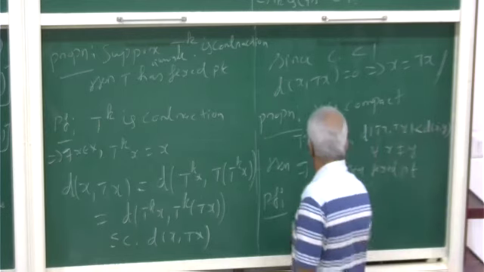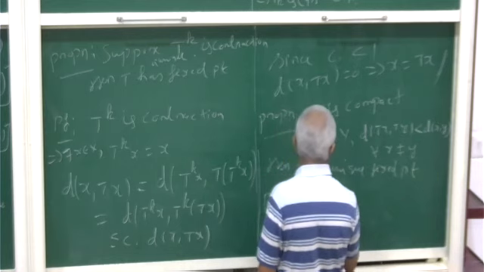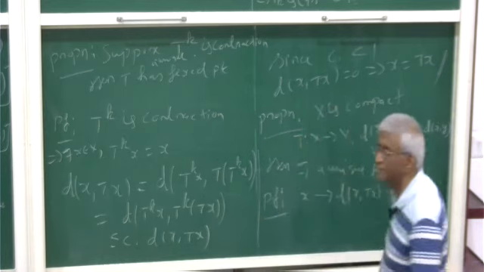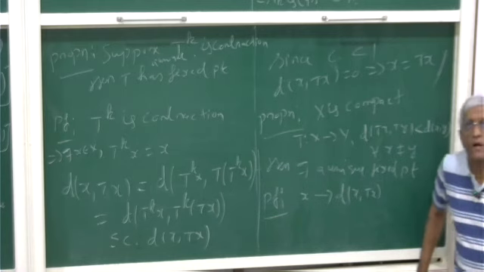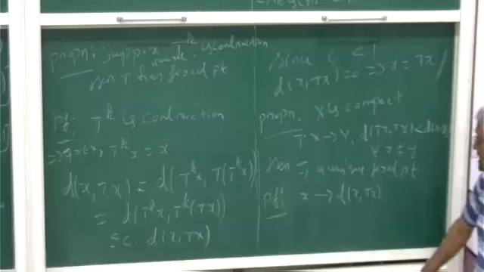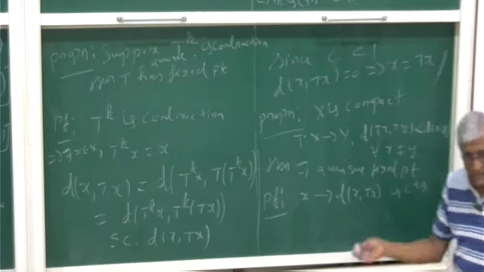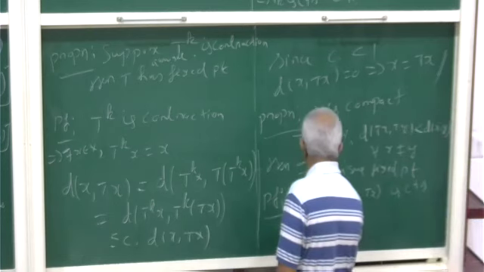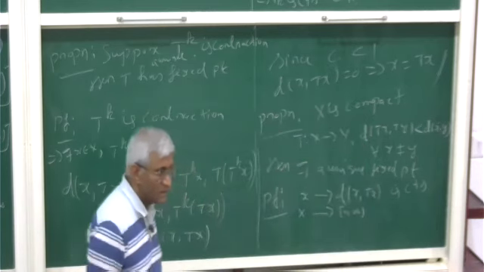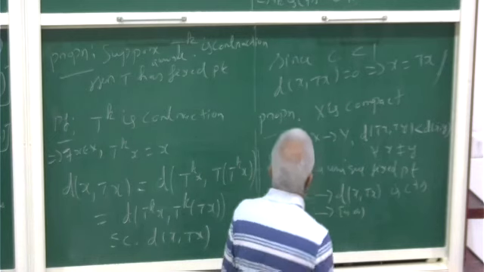So the map x going to d of x, Tx is continuous, of course, from X to the real numbers.